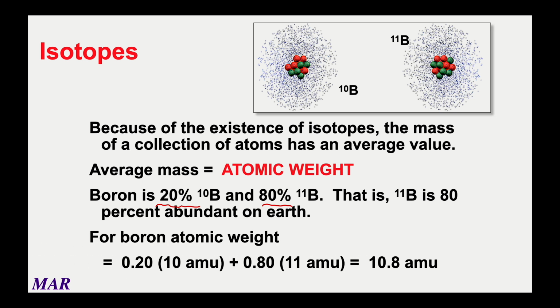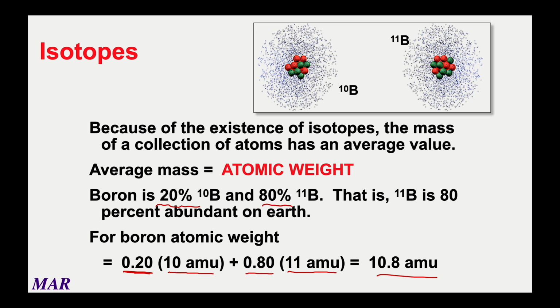So boron-10 is about 10 AMU, and boron-11 is about 11 AMU. And when you're doing these kinds of averages, you take the decimal version, so 20% becomes 0.20, or you divide by 100. 80% becomes 0.80. If you take the amount that it appears times its mass and add it with the other ones, that's how you get the average.